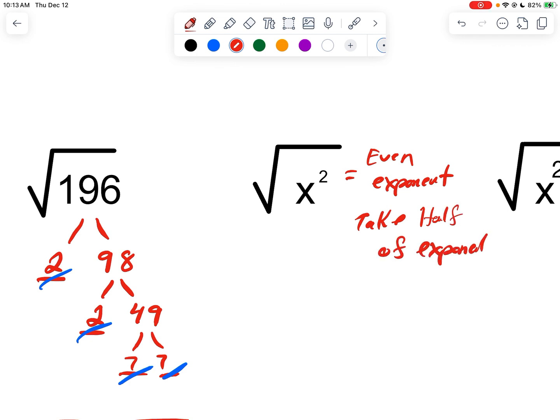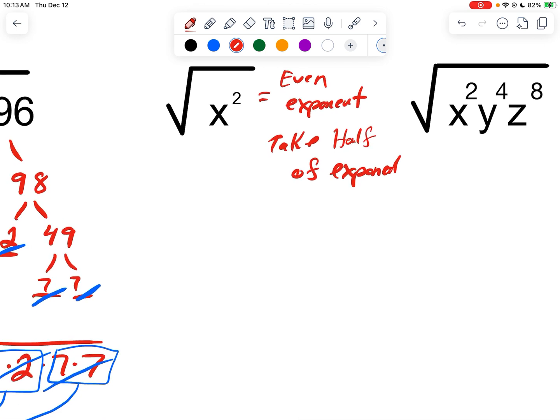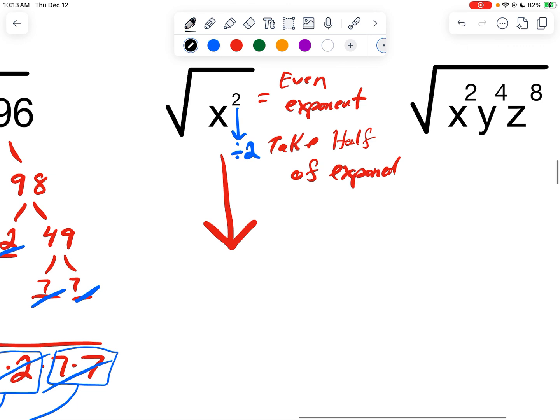So if I have the square root of x squared, my final answer would just be to take the exponent 2 and divide it by 2. 2 divided by 2 gives me x to the power of 1, which is going to be my final answer here.